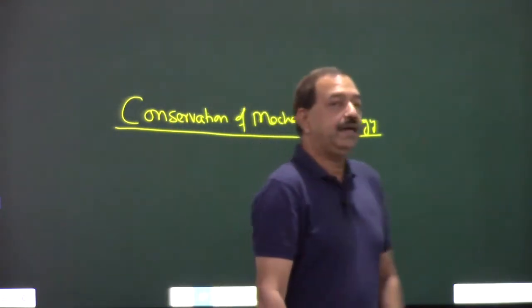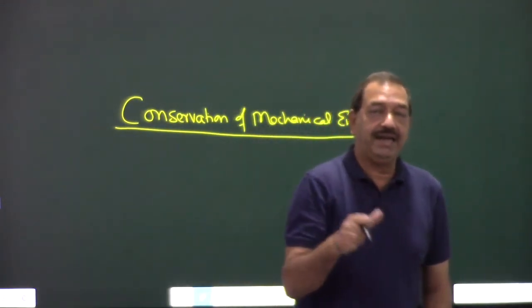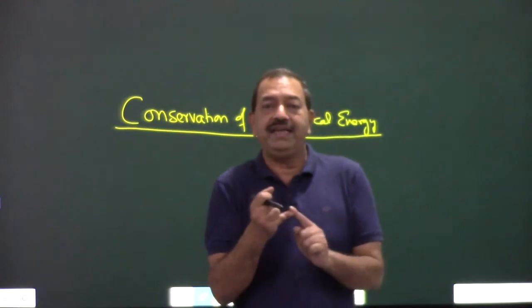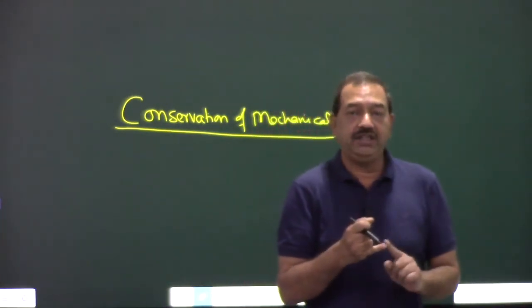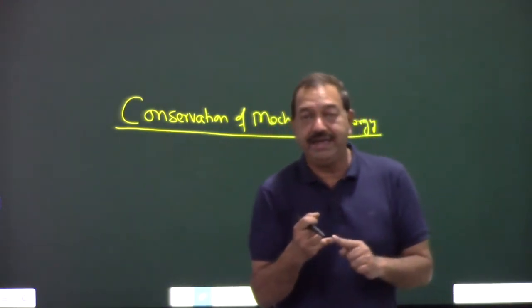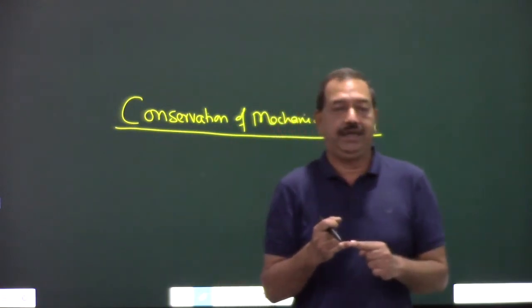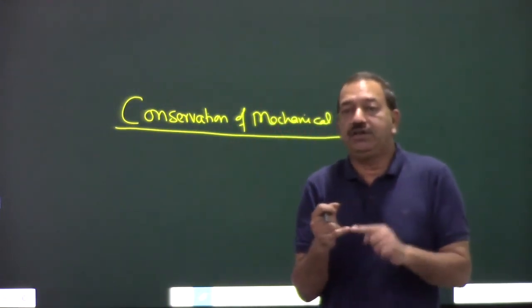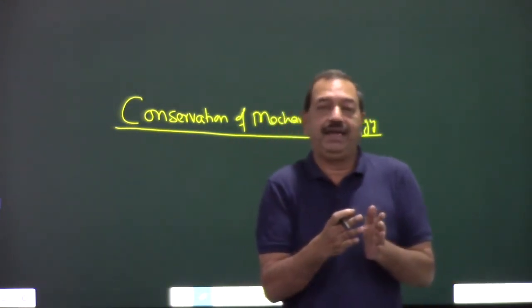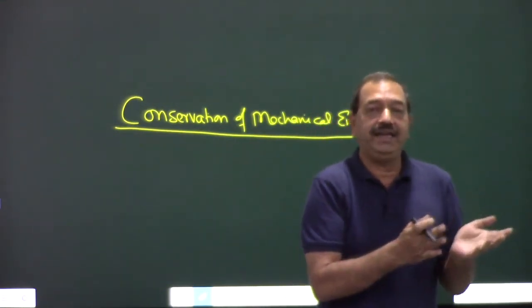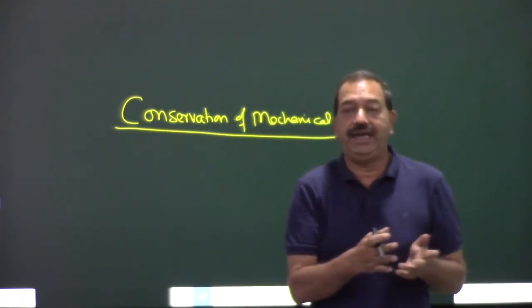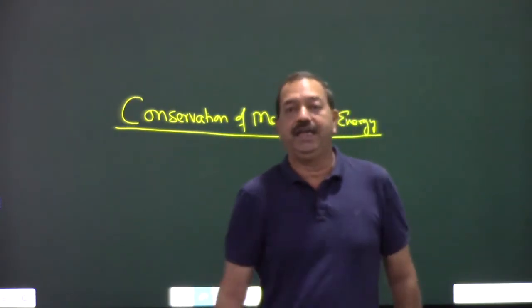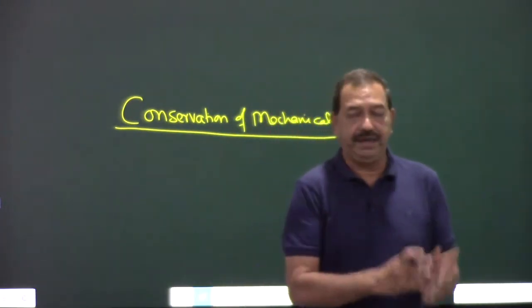Here we are talking about conservation of mechanical energy. Mechanical energy has two energies, one is kinetic energy and another is potential energy. So kinetic energy can be converted into potential energy and potential energy can be converted into kinetic energy.